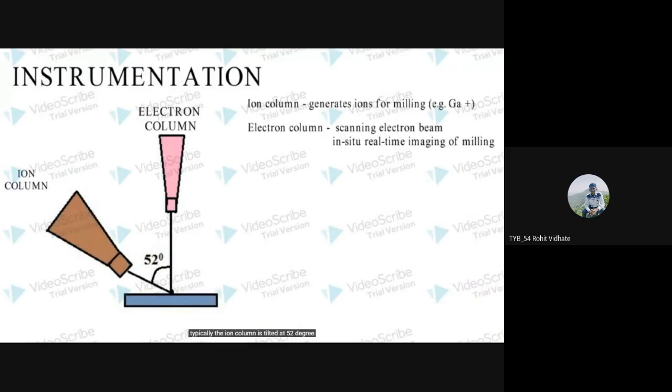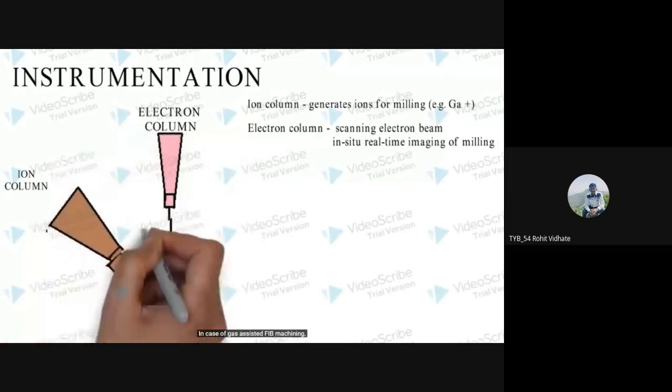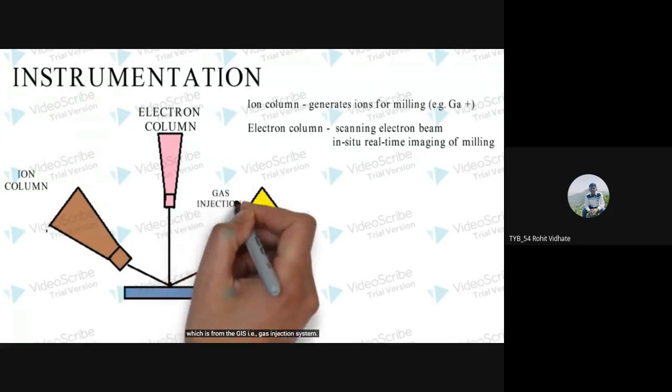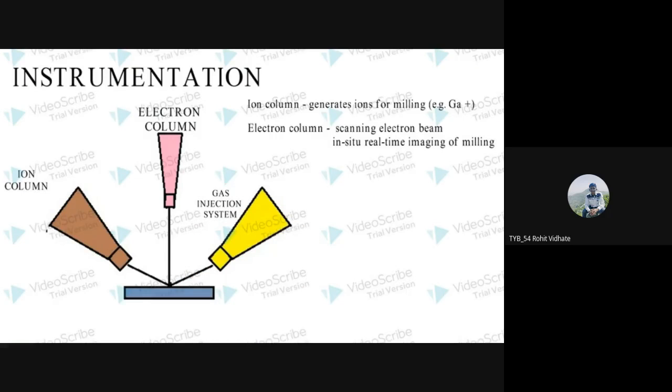Typically, the ion column is tilted at 52° to the electron column so that the real-time image can be seen on the computer screen. In case of gas-assisted FIB machining, there is another nozzle in the setup which is from the GIS, that is, the gas injection system.